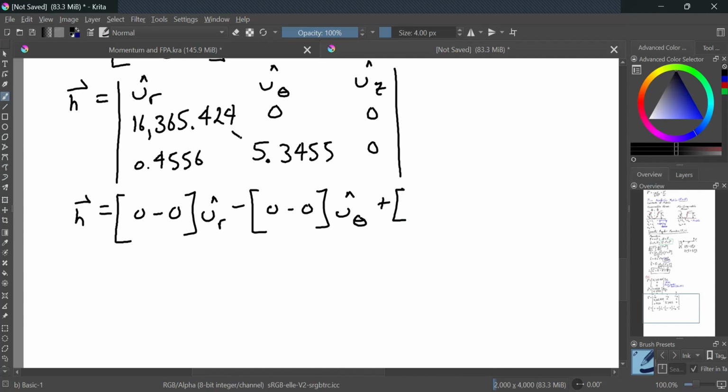We have 16,000 here. We have 0 times 0.4 here. All right, so which is going to be 87,481.37399 minus 0, the u_z direction.